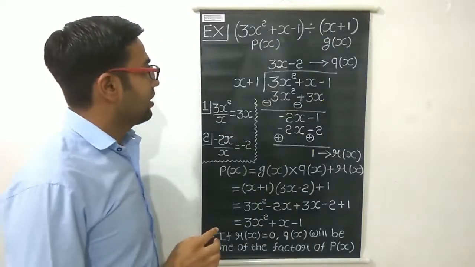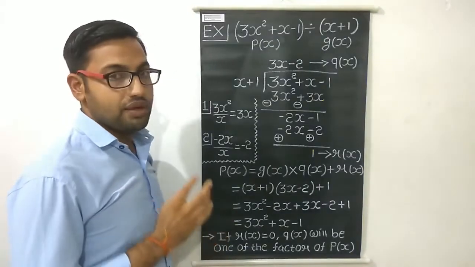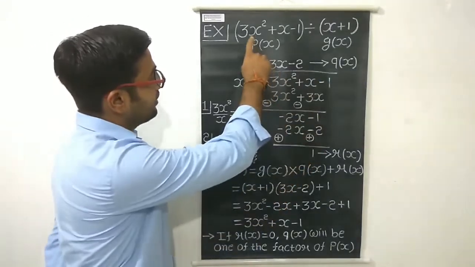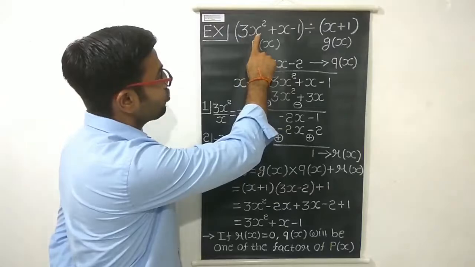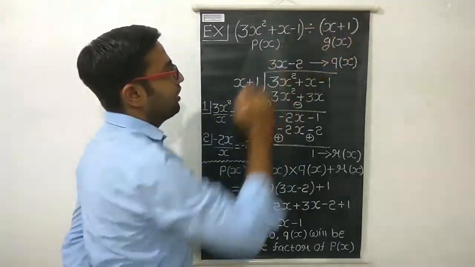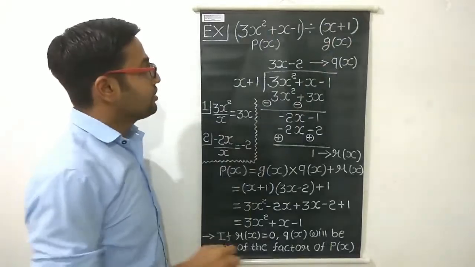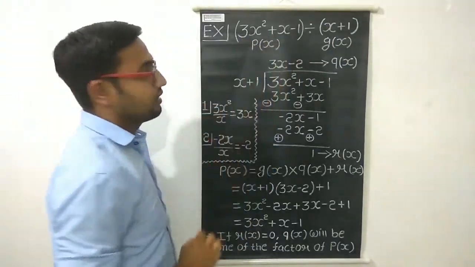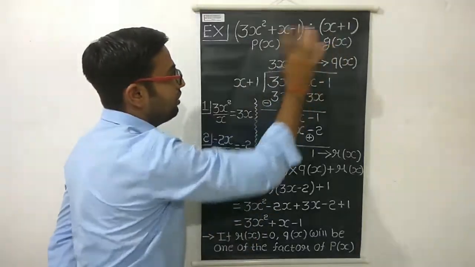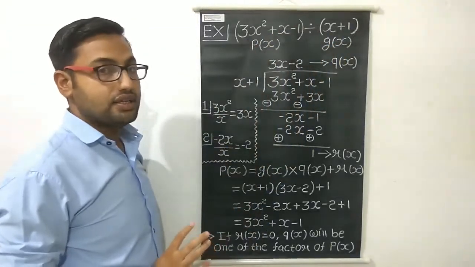Let us now understand this division algorithm by taking an example. Let's suppose we want to divide the polynomial 3x square plus x minus 1 by another polynomial x plus 1. This polynomial we call p of x, and this polynomial we call g of x.